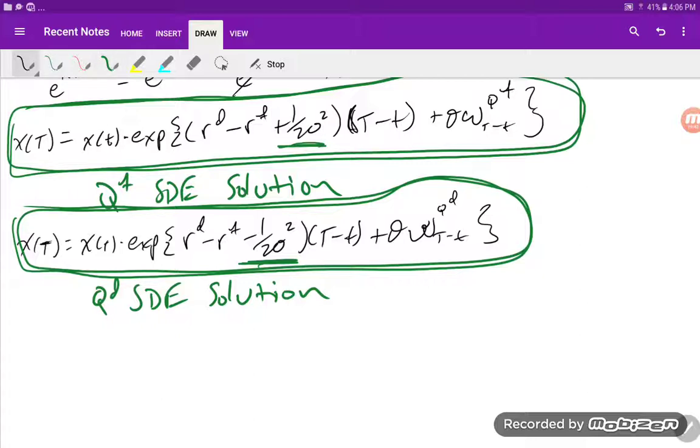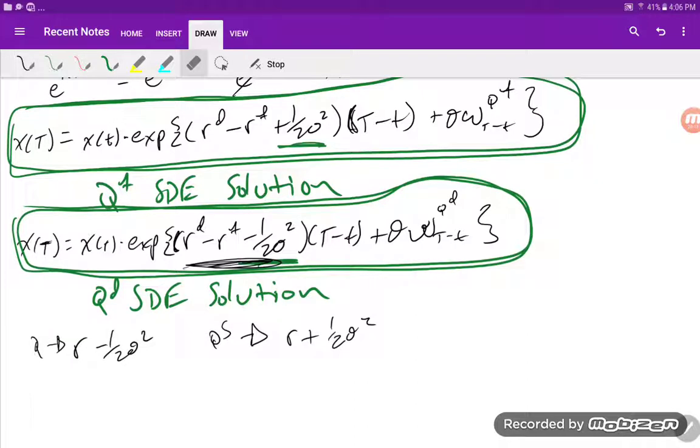For the Q SDE, you had r minus 1/2 sigma squared, and for QS, you had r plus 1/2 sigma squared. And that's where those differences between d1 and d2 come from in the eventual solution, if you're familiar with the Black-Scholes solution.